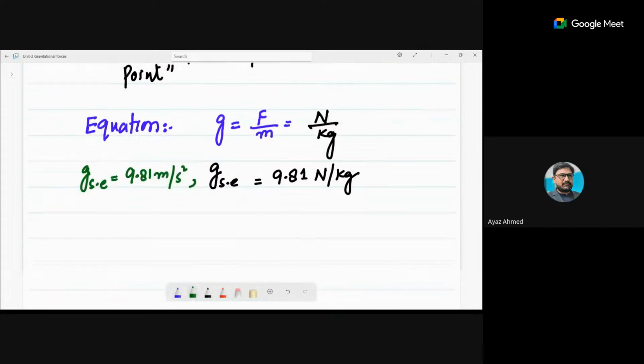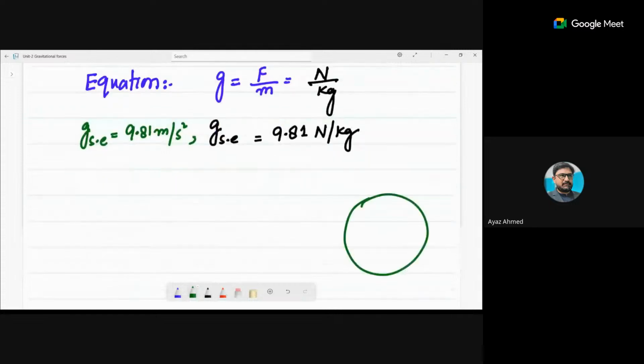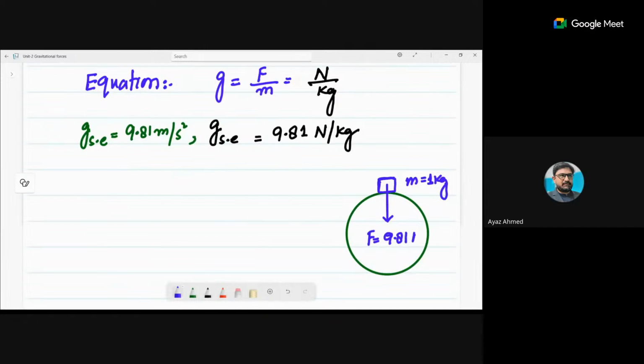If I have an object of 1 kg on the surface of the Earth, then this object will be pulled by the Earth with a force of 9.81 Newton. That is why its field strength is 9.81 Newton per kg. This was the defining equation.